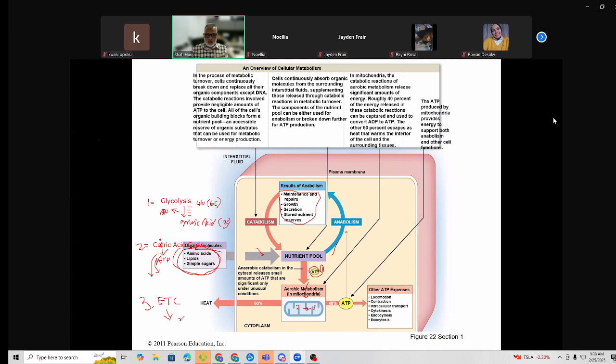Okay, so if we start with one glucose molecule, for example, then glycolysis will produce 2 ATP. The citric acid cycle will also produce 2 ATP, and 34 ATPs will be produced in the ETC reactions.